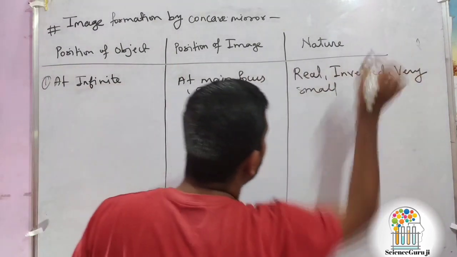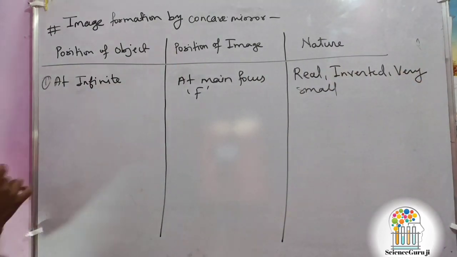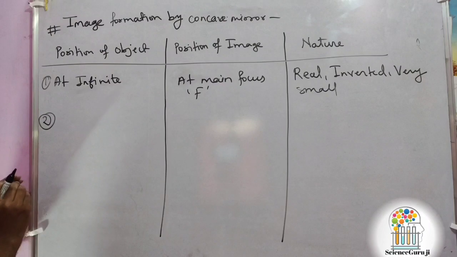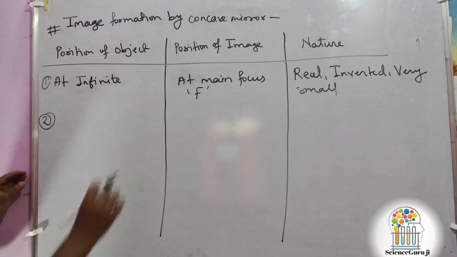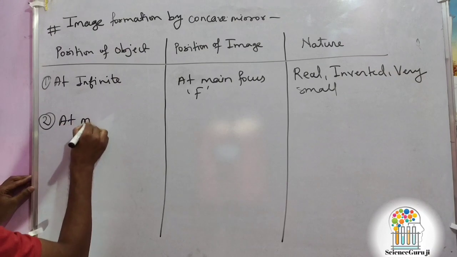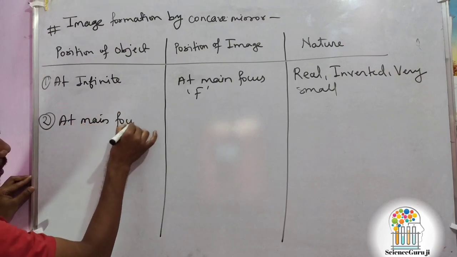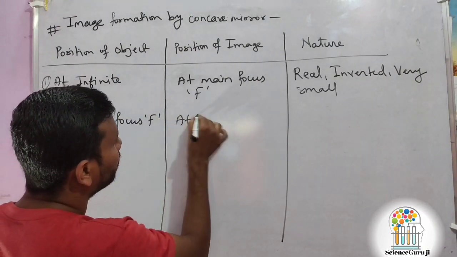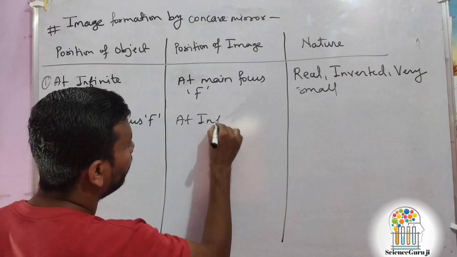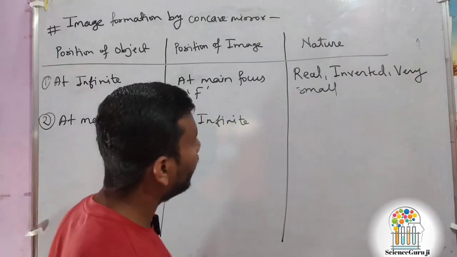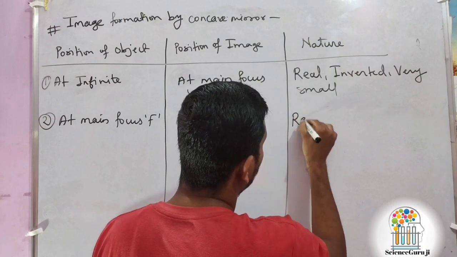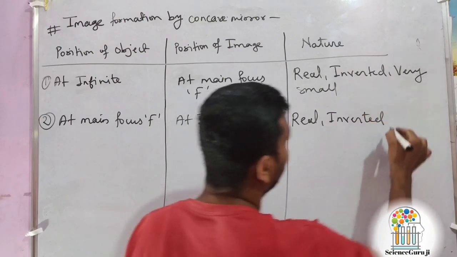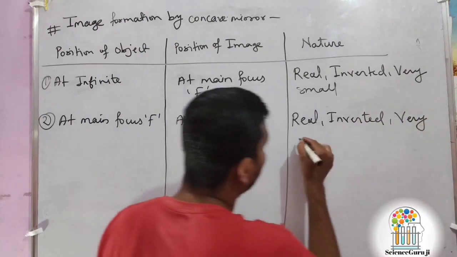Next one is just the opposite of the infinite case. Second one: if we place the object at the main focus, F, then the image is formed at infinity, and again the image is real, inverted, but very large.